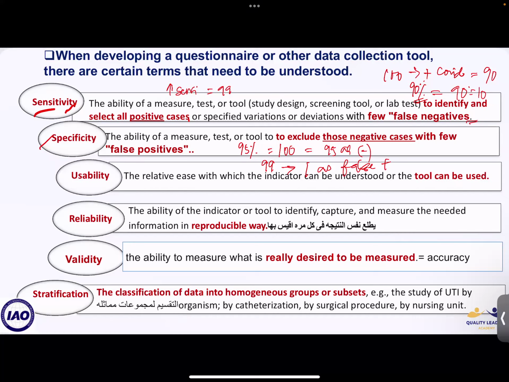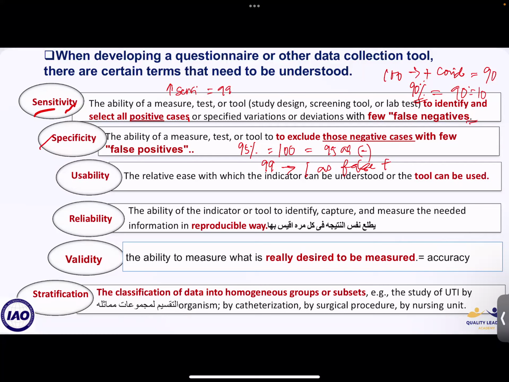Just one question. Among sensitivity and specificity, which is the best in diagnosing any case? In choosing sensitivity and specificity, if they ask which is the best indicator to choose in the diagnosis, which is the best?